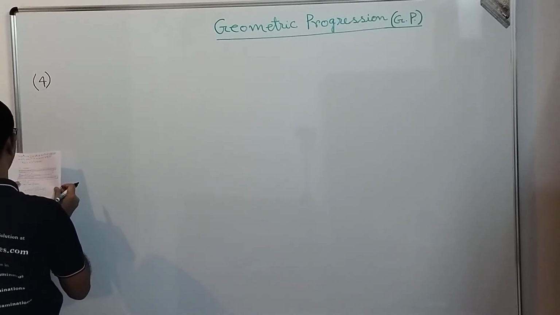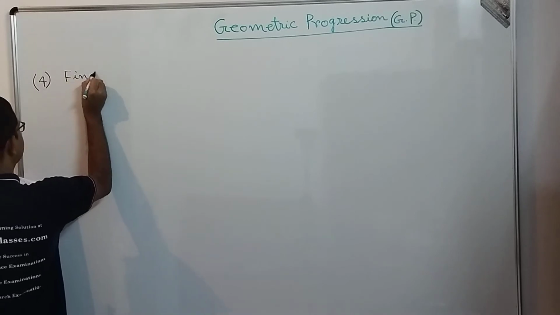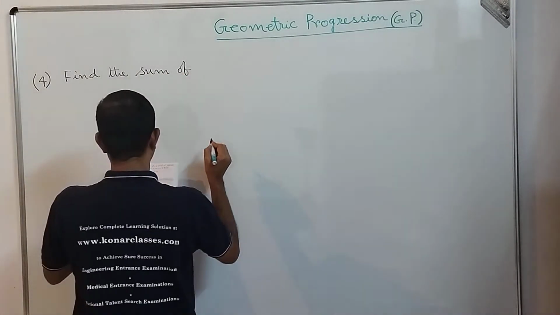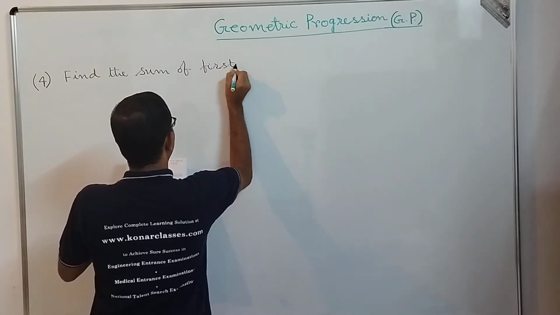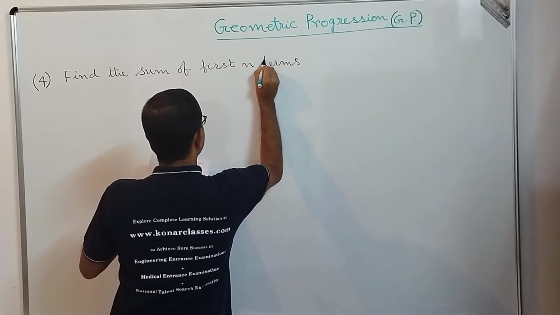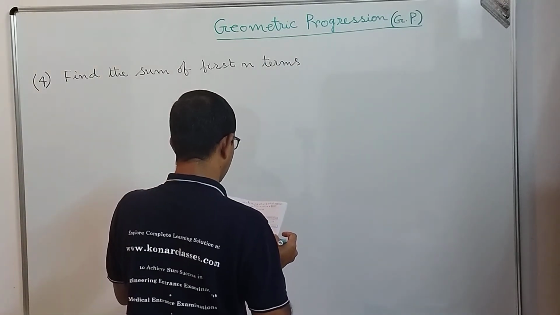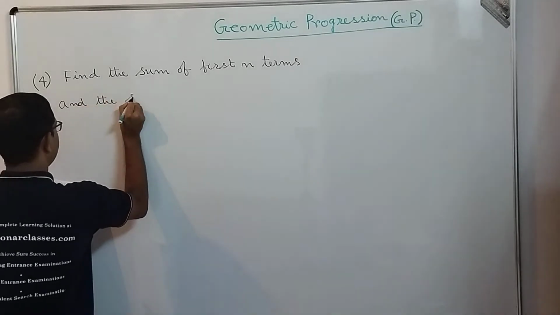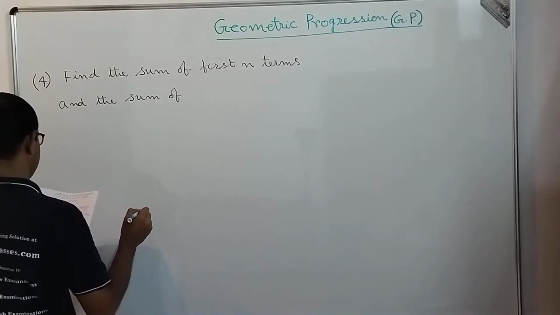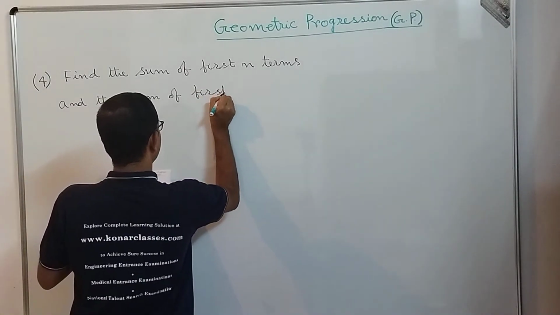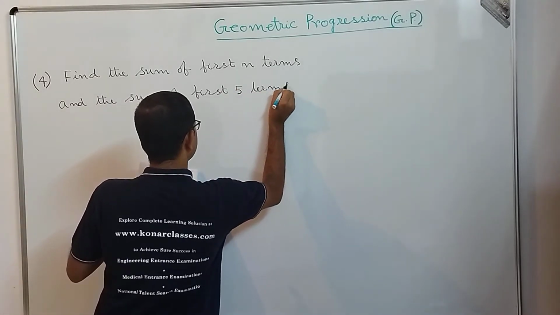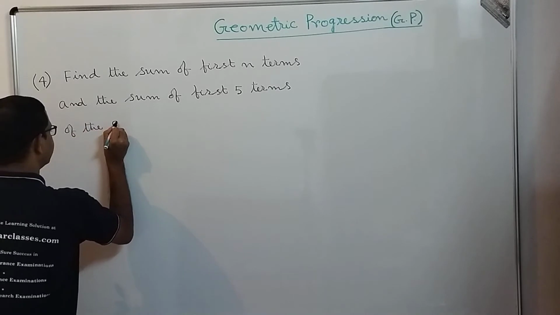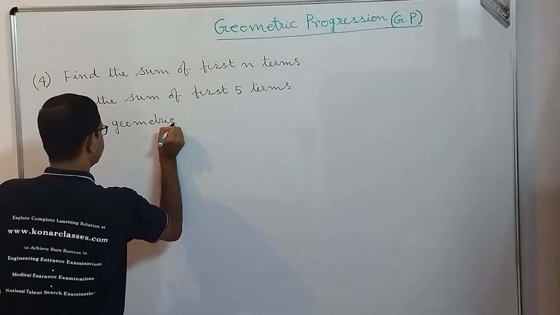The question is that find the sum of first n terms and the sum of first 5 terms of the geometric series.